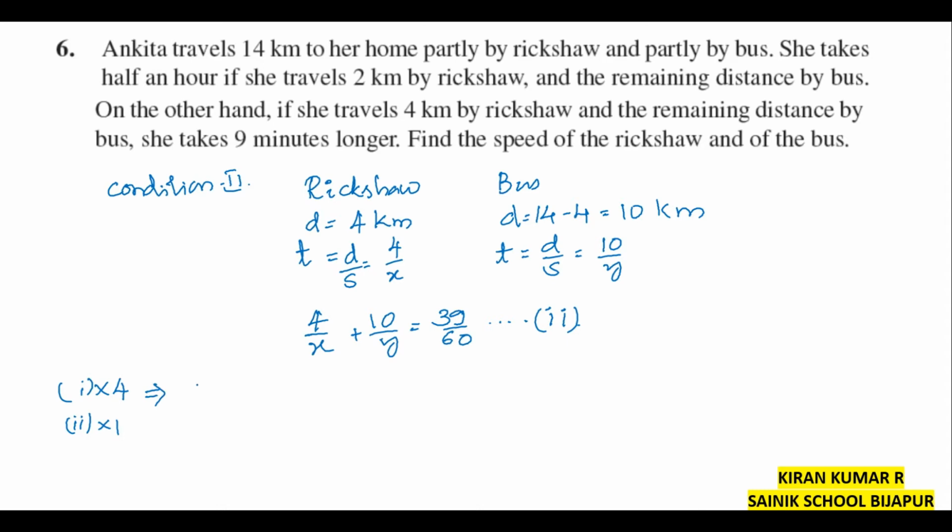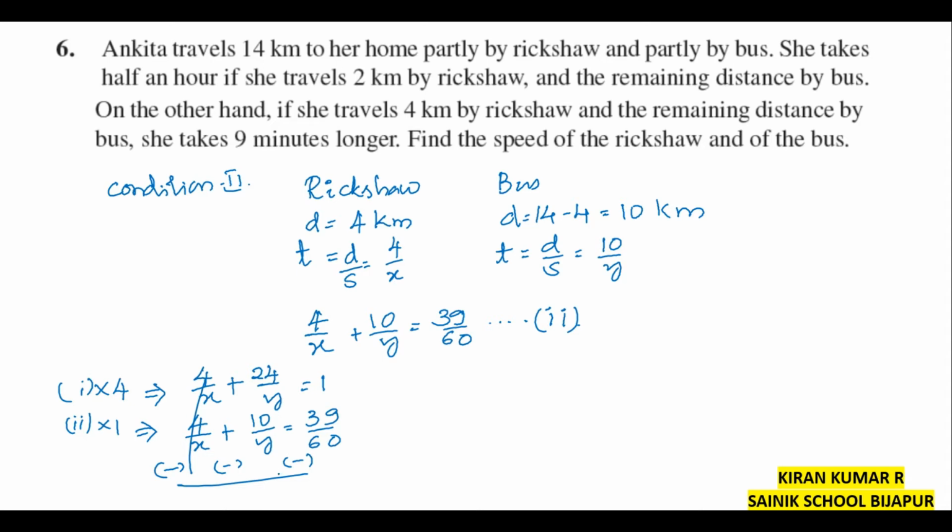For the first equation, multiplying by 4, we get 4 upon x plus 24 by y equal to 1, because the right hand side was 1 by 4. The second equation is 4 by x plus 10 by y equal to 39 upon 60. Now if you subtract, the x term will get eliminated.